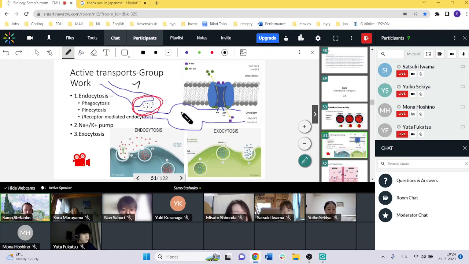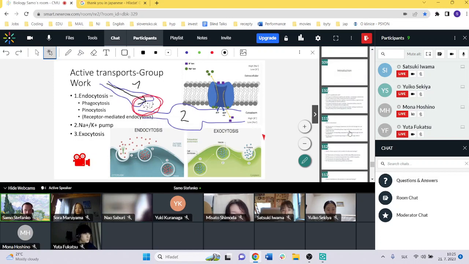From neuron 1 to neuron 2, neuron 1 synthesizes, and then releases neurotransmitters via exocytosis in order to communicate and transmit the signal onto the second neuron. And this is only via exocytosis, an active way of transport where we use energy for releasing those neurotransmitters onto another neuron. So very good.